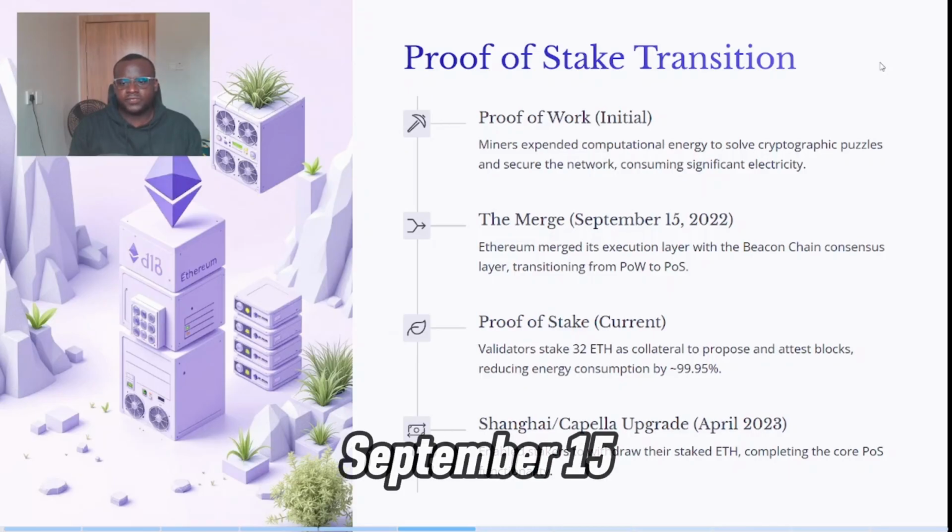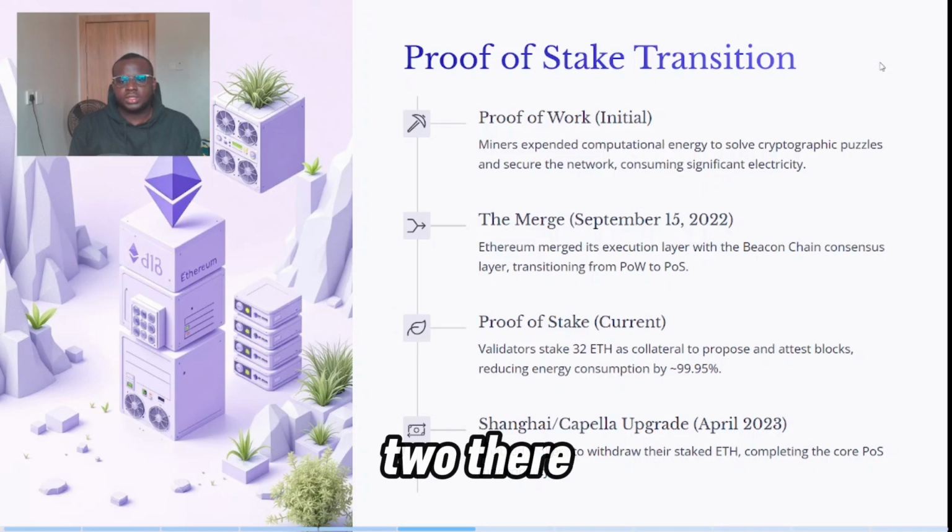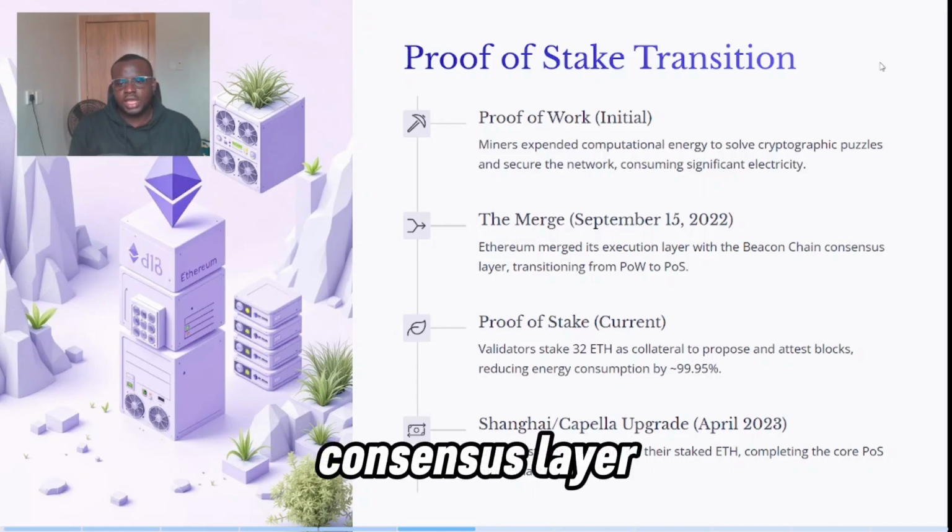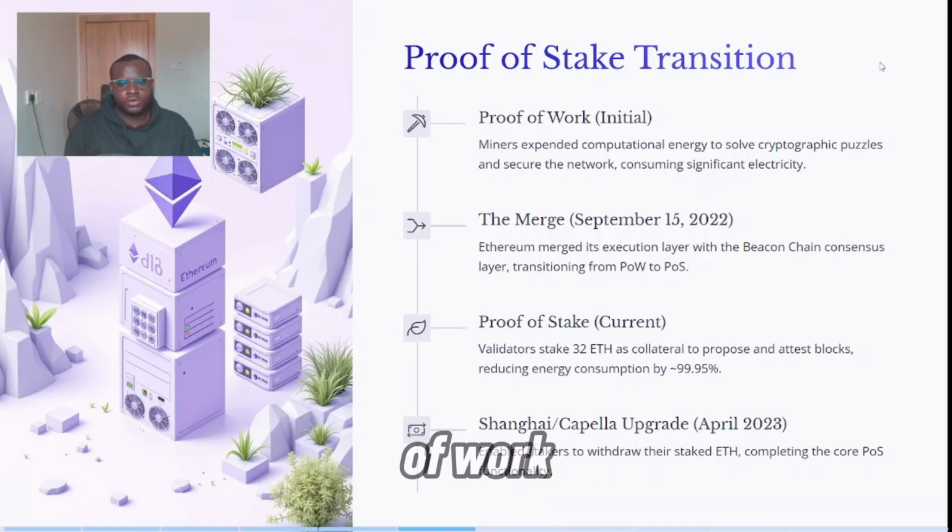But on September 15, 2022, there was a merge, and Ethereum merged its execution layer with the Beacon chain consensus layer and transitioned from proof of work to proof of stake.